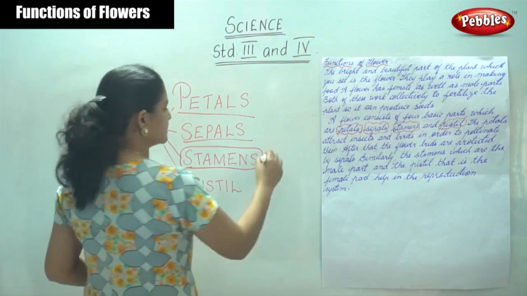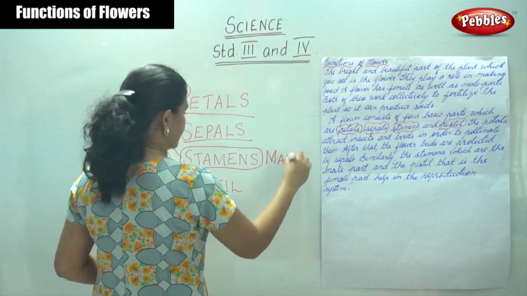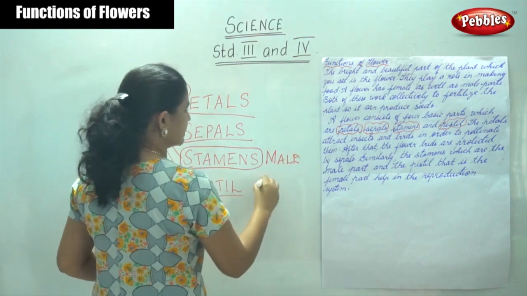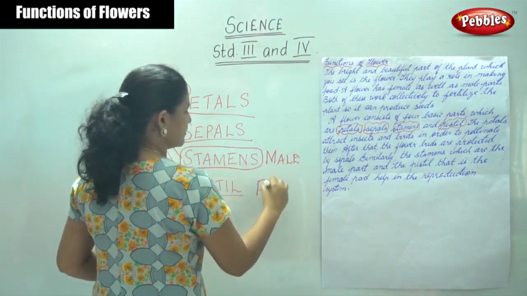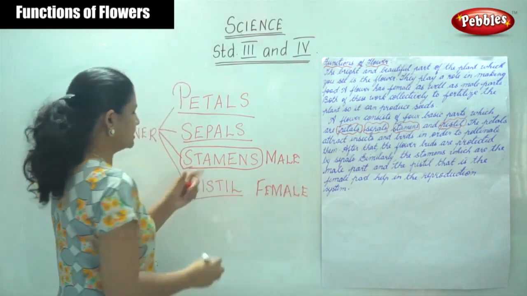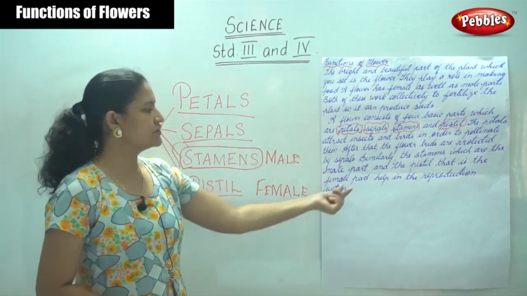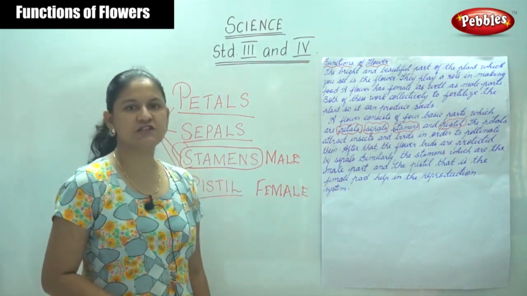So both the stamen and the pistil work collectively to help in the reproduction system.